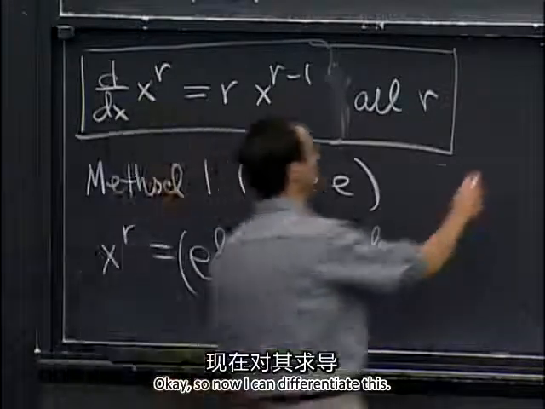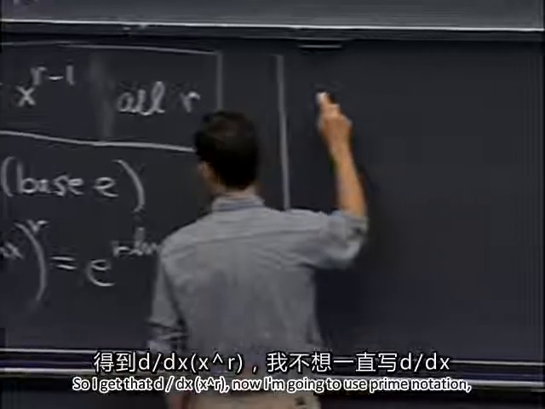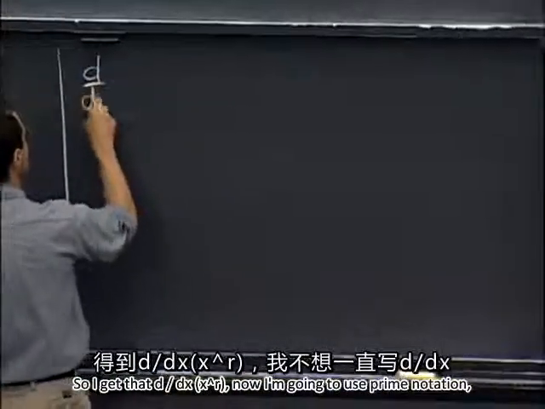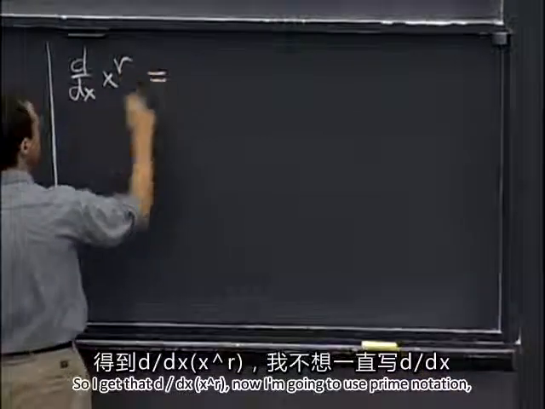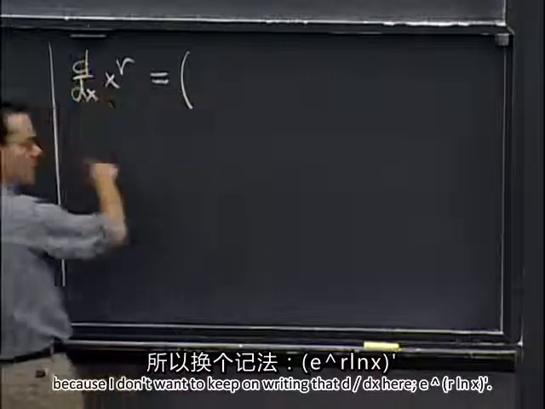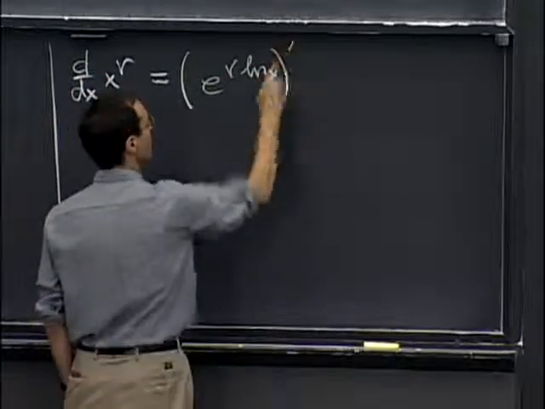Okay, so now I can differentiate this. So I get that d by dx, x to the r. Now I'm going to use prime notation because I don't want to keep on writing that d by dx here. e to the r log x prime.